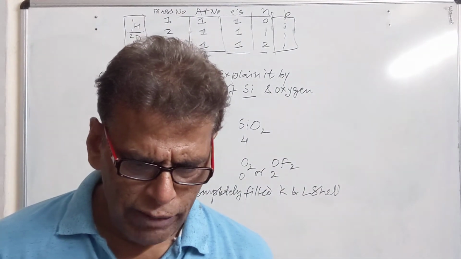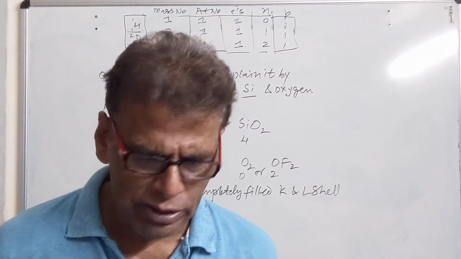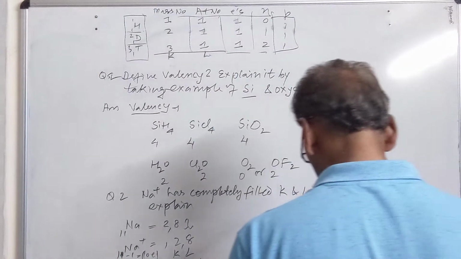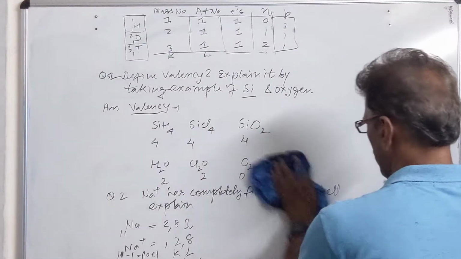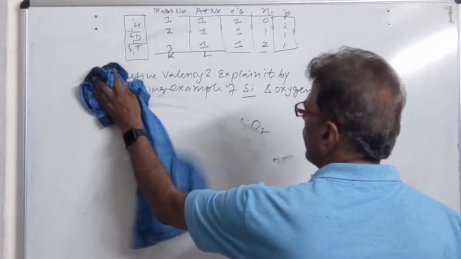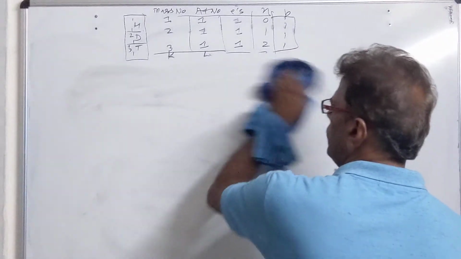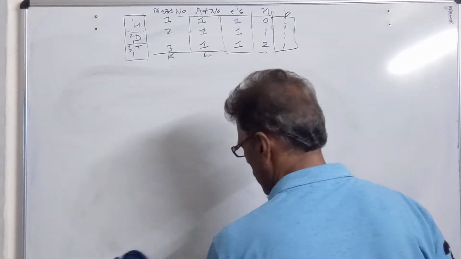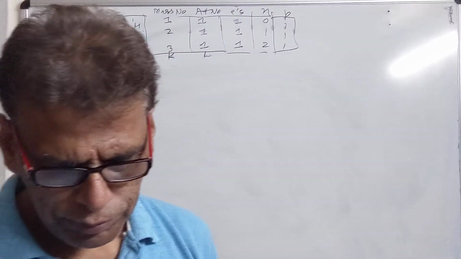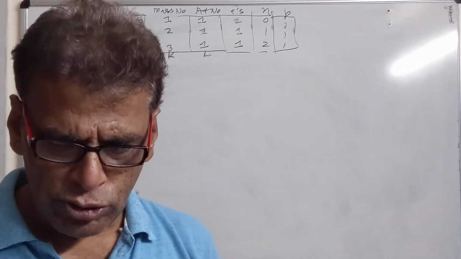Then we come to the problem: if bromine atom is in the form of two isotopes. Let us do this problem. Our problem is if bromine atom is in the form of two isotopes.